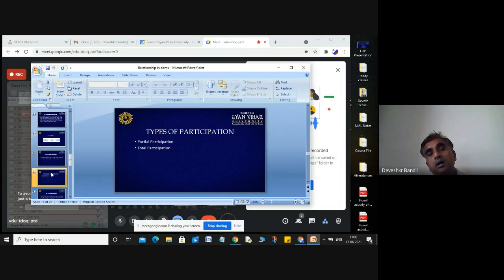How many types of participation? Two types of participation. First is partial participation, and second is total participation.